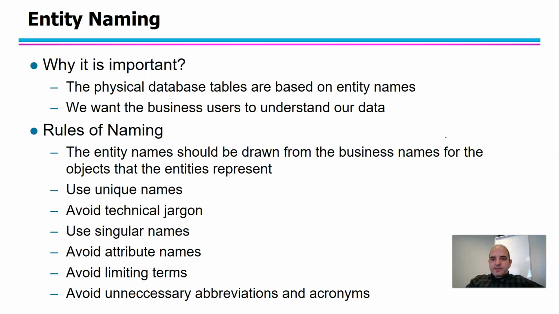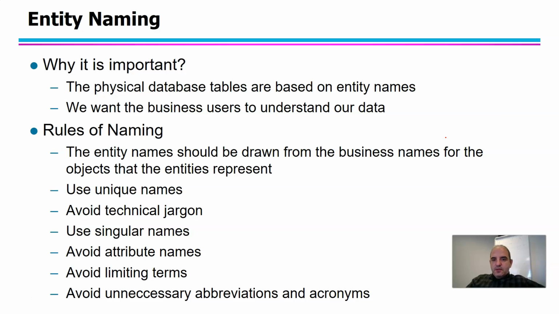And the namings are very important, both for entities and attributes, because when you start analyzing something, you will have lots of entities, lots of attributes, and they will have similar names and you can be confused. So be very careful about naming your entities. You must use unique names.